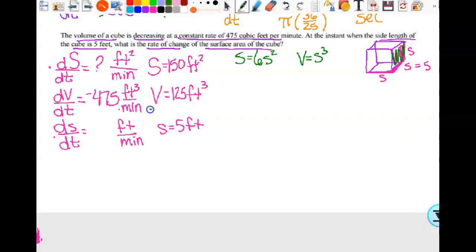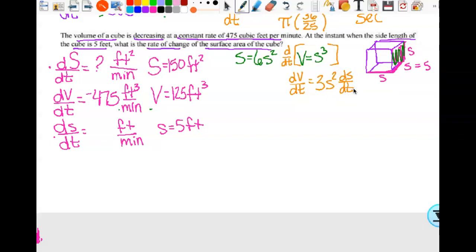So I'm going to take the derivative of the volume. This is going to be d/dt, and it gives me dV/dt is equal to 3s squared, then what? ds/dt.